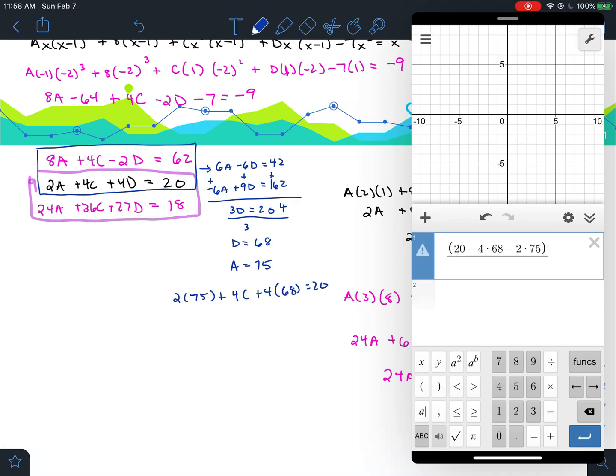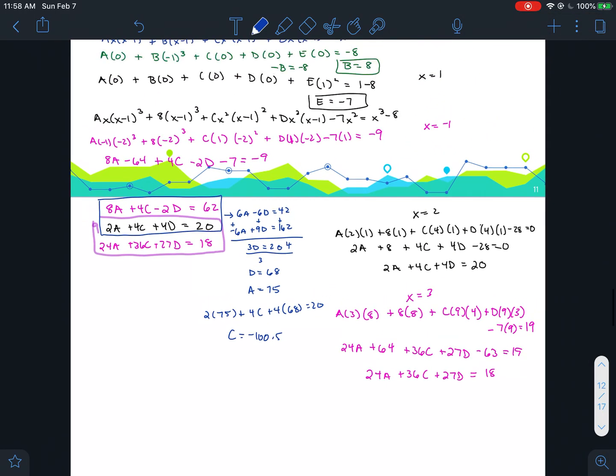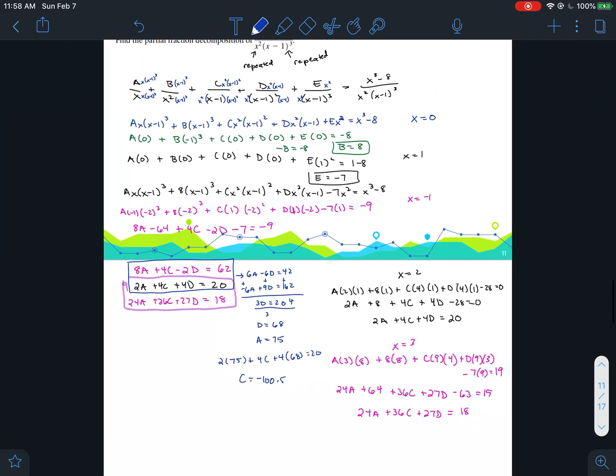Then I'm going to divide that by 4. So my c is going to be negative 100.5. So as long as all of my math was correct, I found my a, b, c, and d.